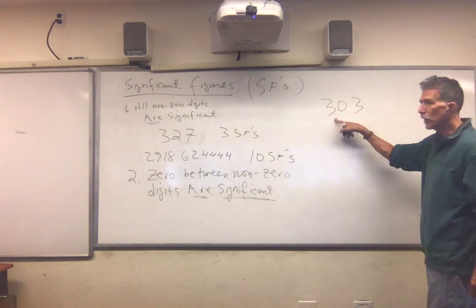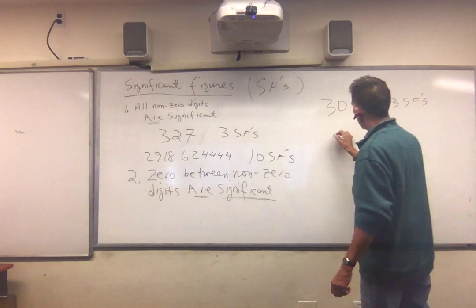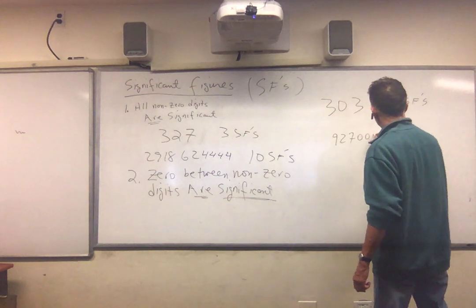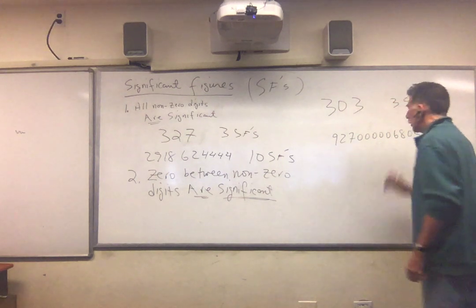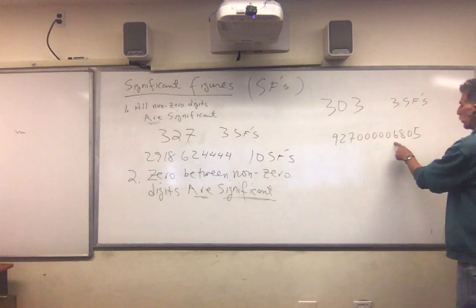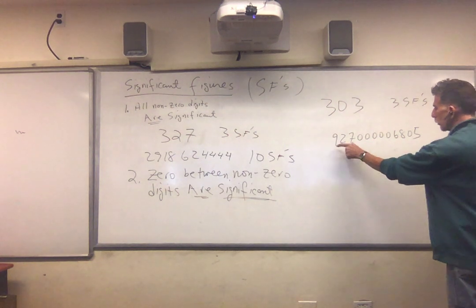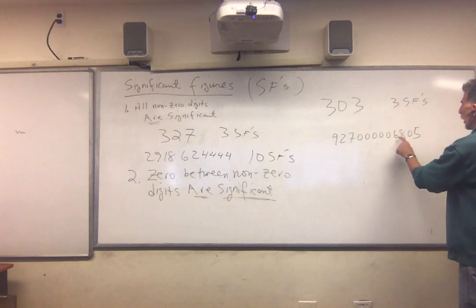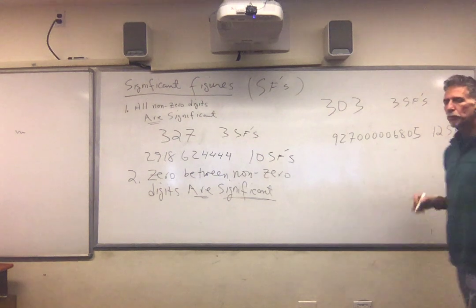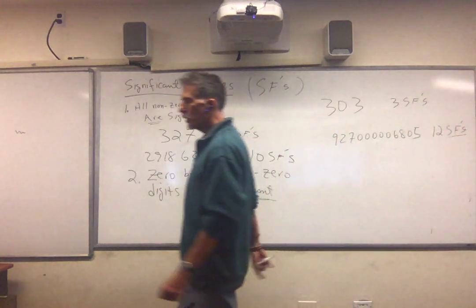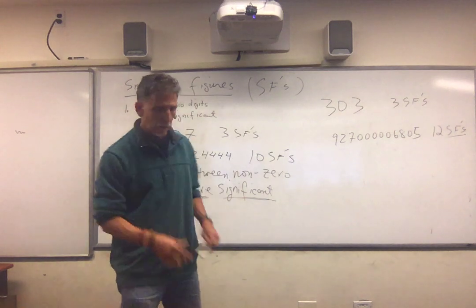It's between two non-zero digits, 3 significant figures. All right? 927. Okay? Zeros between non-zero digits, significant. So 3, 4, 5, 6, 7, 8, 10, 11, 12 significant figures. Okay? Zeros between non-zero digits are significant. Fantastic. Next one.